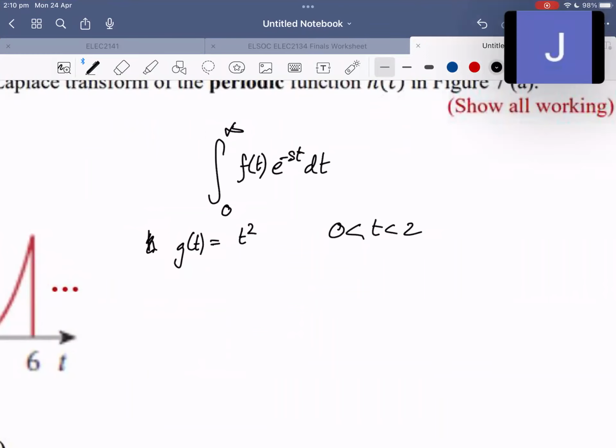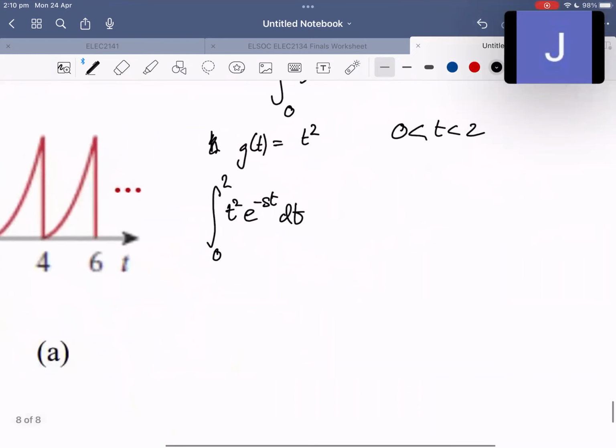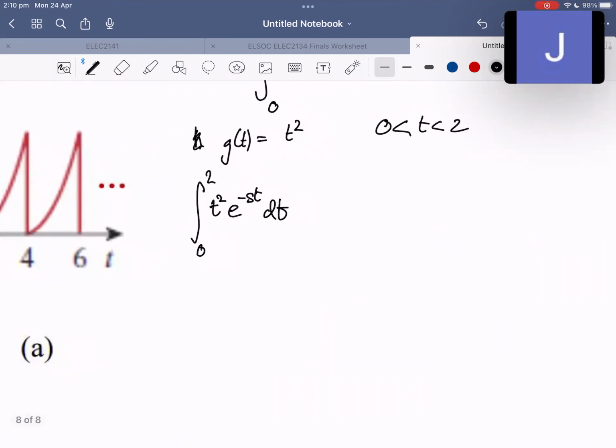So it'll be the integral between 0 and 2 of t squared e to the minus st dt. Now this integral is a bit annoying because you're going to have to do integration by parts twice, because of t squared. So I'm just going to do that.